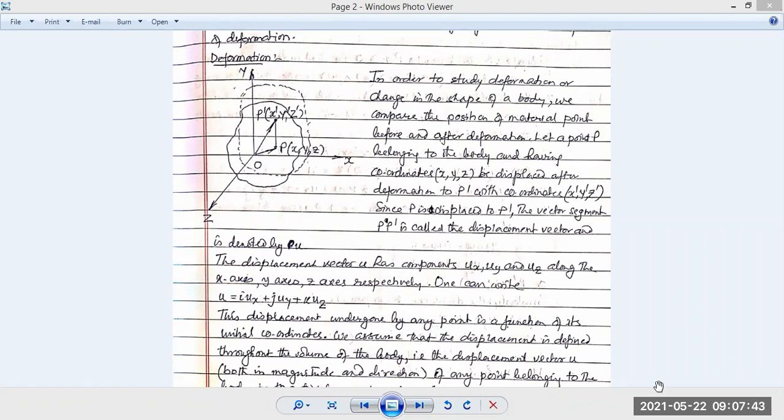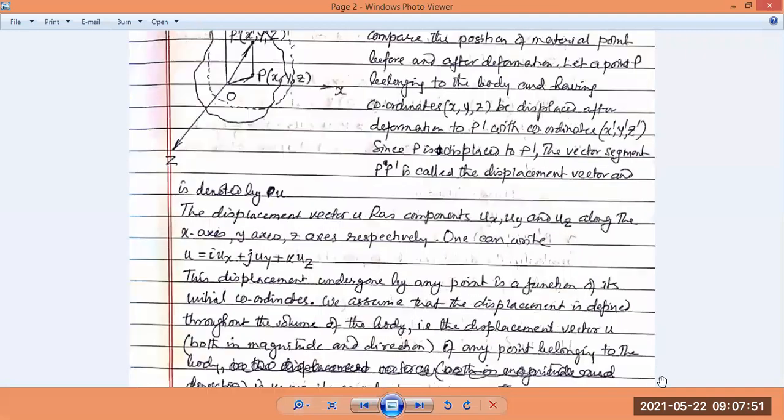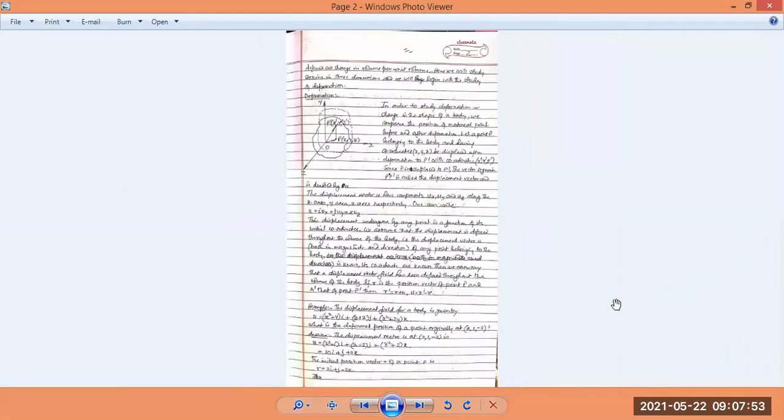Now, the displacement undergone by any point is a function of its initial coordinates. We assume that the displacement undergone by any point throughout this particular volume happens due to the action of external forces, which deform the body to a different shape, and thus the original points take a different position.